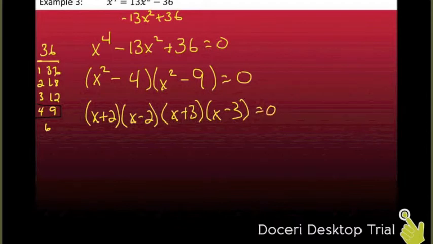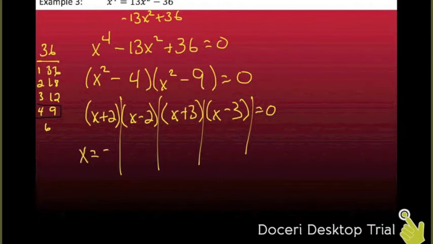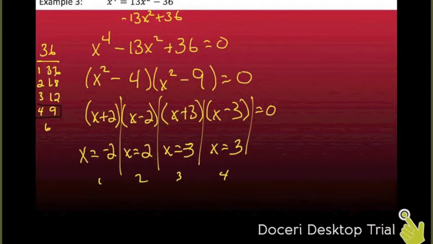And you can t-bar there, and you'll end up with x equals negative 2, x equals positive 2, x equals negative 3, and x equals positive 3. Which again, you'll notice that's 1, 2, 3, 4 roots, which back up at the top, is the same as the degree we had there. 4 roots for a quartic problem.